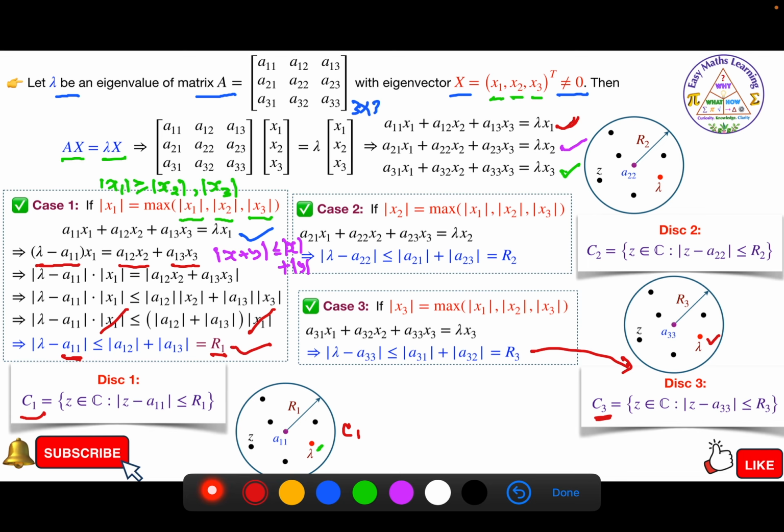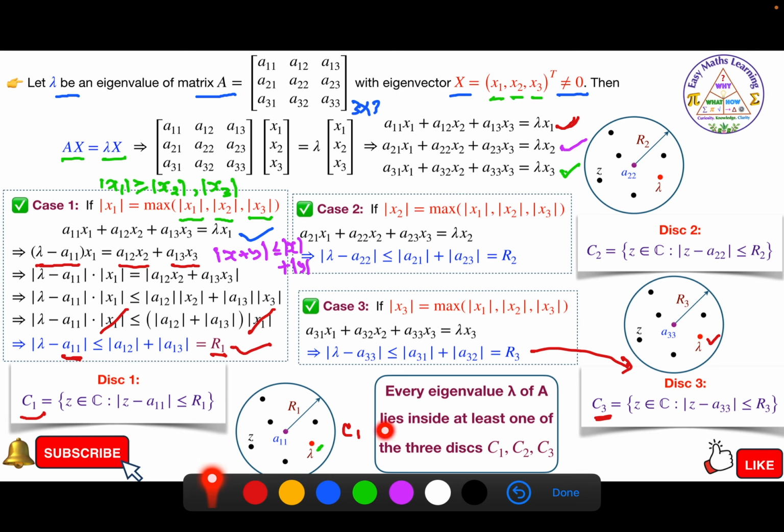So finally what we conclude, since one of these three cases must always occur, every eigenvalue lambda satisfies at least one of these three inequalities, either this one or this one or this one. So every eigenvalue of matrix A lies inside at least one of the three disks C1, C2 and C3.